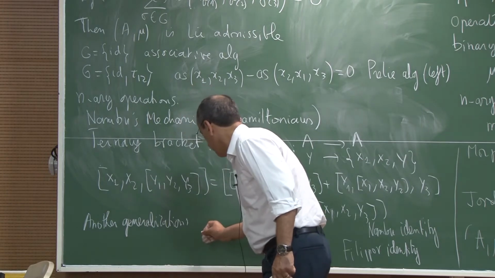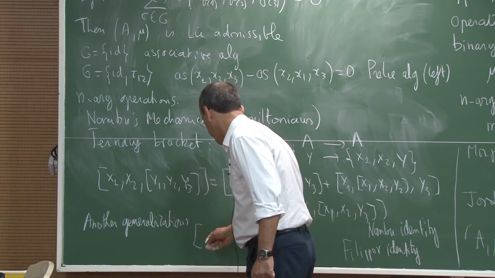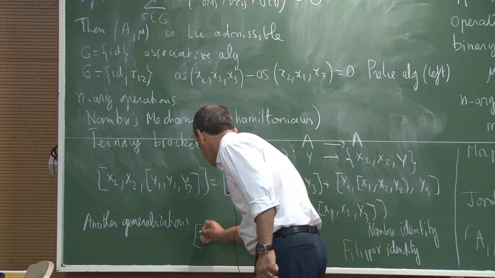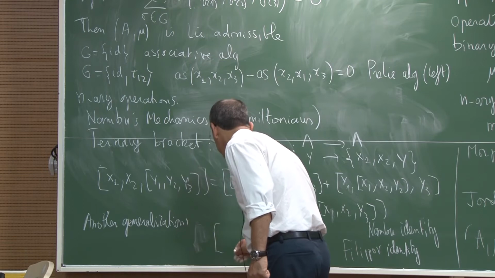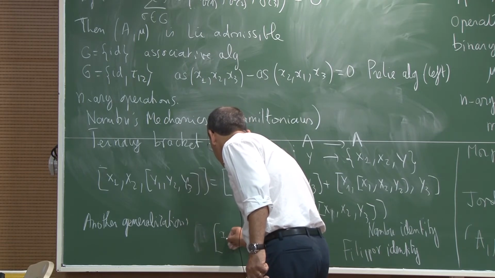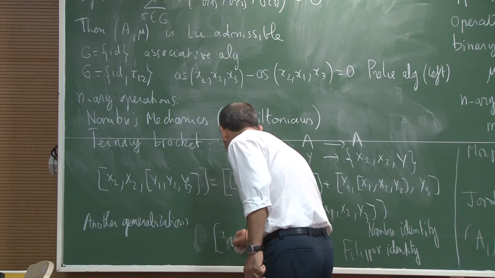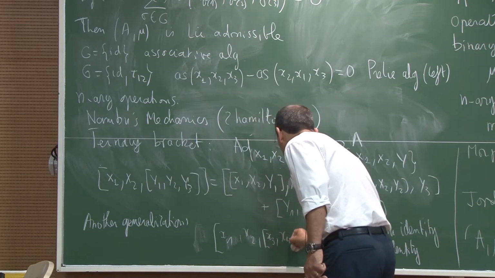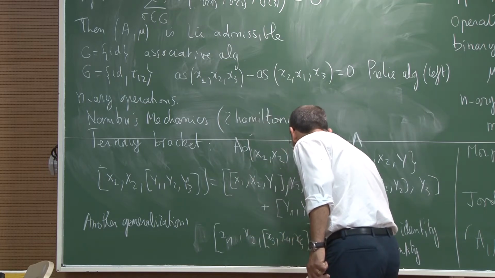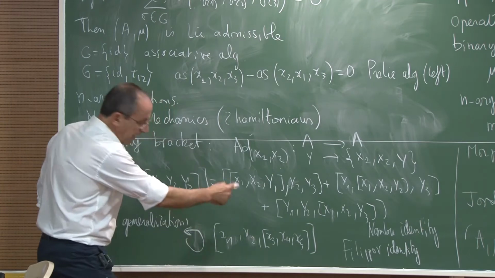It could be given by the following identity: the sum of x1, x sigma 1, x sigma 2, or maybe x2, x3, x4, x5, like this. And I can use this symbol, which means that I do the cyclic permutation.